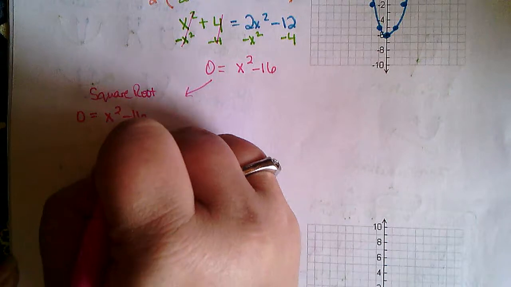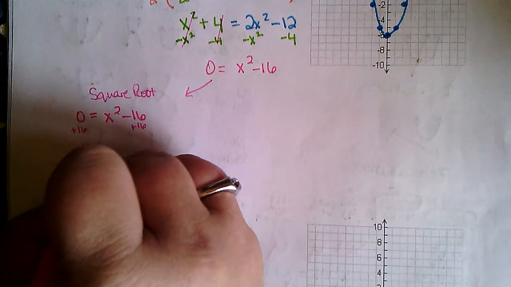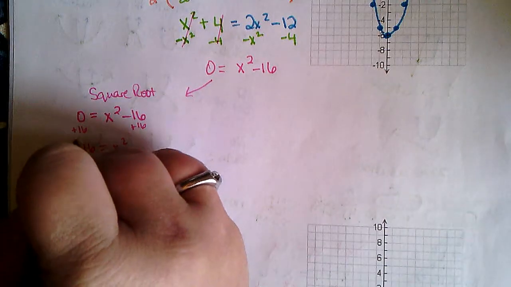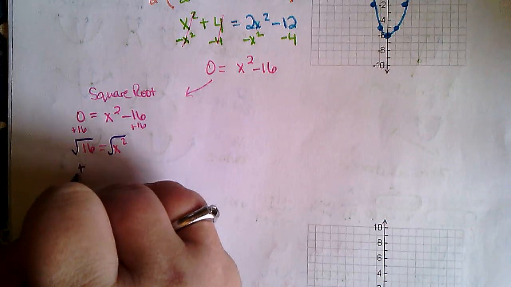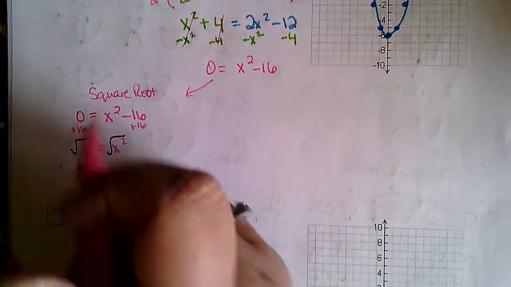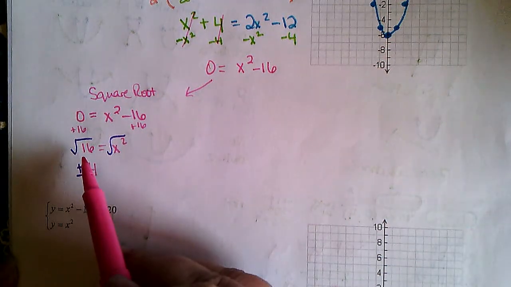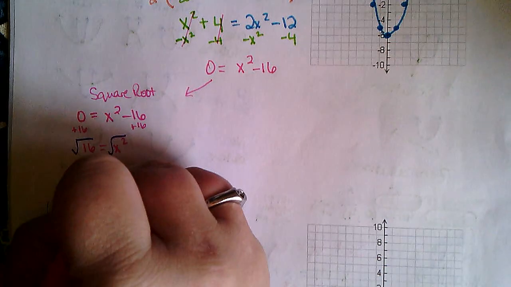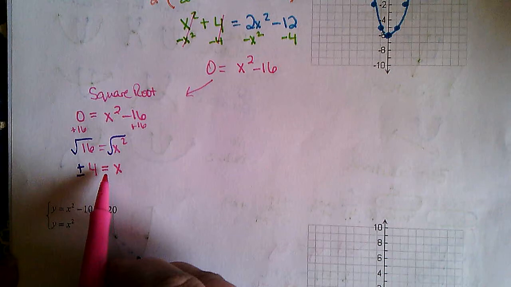So I'm going to add 16 to both sides. So I have 16 equals x squared, and then I take the square root of both sides. And remember, anytime you take the square root, it has to be plus minus. So plus minus, then the square root of 16 is 4. And as soon as I change that from 16 to 4, it doesn't have the square root sign anymore. So notice I have plus minus 4.